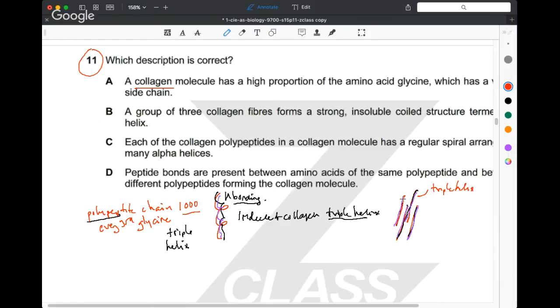But when you have many triple helixes together, the whole thing is called a collagen fiber. And these collagen fibers are held together because these triple helices are joined to each other through crosslinks here. And those crosslinks are covalent bonds.